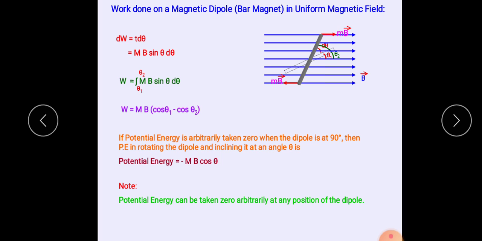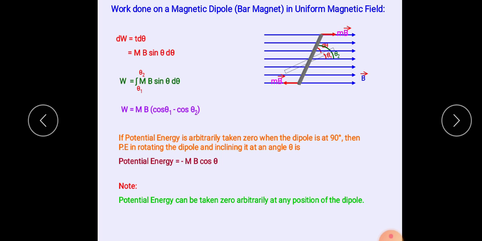At theta equals 0 degrees, the potential energy of the dipole is minimum, that is minus MB cos 0, which results as minus MB. The magnitude is maximum, but due to the negative sign, it is minimum potential energy. That means it is the condition of highest stability. Therefore, at theta equals 0 degrees, the bar magnet is in stable equilibrium, and at theta equals 90 degrees, it is in unstable equilibrium.